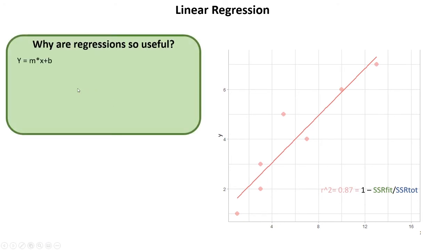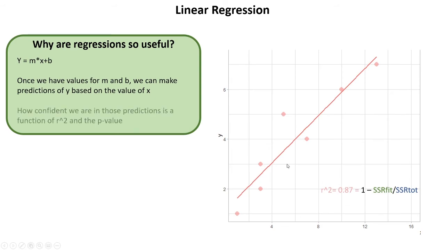And so why are they so useful? Well, once you have your slope and slope intercept, you can use them to predict values of your dependent variable from your independent variable. So you can say, all right, if my independent variable is 8.5, now I can make a prediction as to what my dependent variable will be based on this line that I have fit.